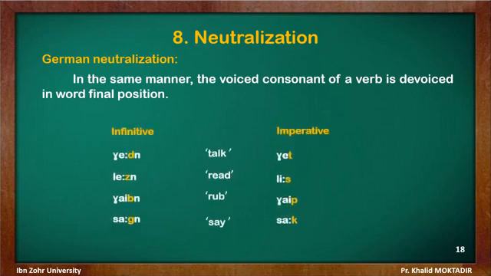We have reden, red, essen, lies, reiben, ripe, and sagen, sag. So for the consonant in word final position, we only find the voiceless counterpart. This is a case of neutralization.